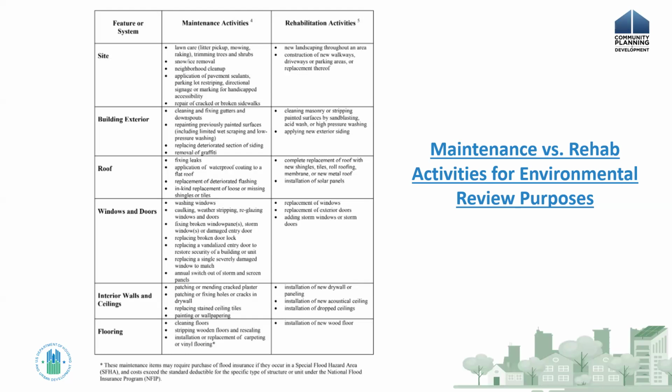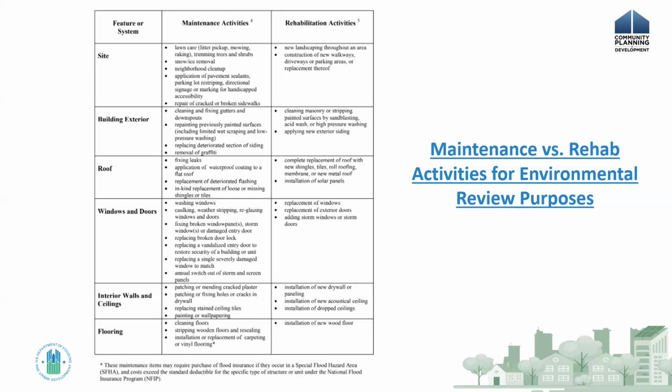The activities marked by the asterisks at the bottom there, such as installation or replacement of carpeting or vinyl flooring, are not covered by HUD Part 50 nationwide review for soft costs because they may require the purchase of flood insurance if they occur in a special flood hazard area, and the cost could have exceeded the standard deductible for the specific type of structure or unit under the National Flood Insurance Program.